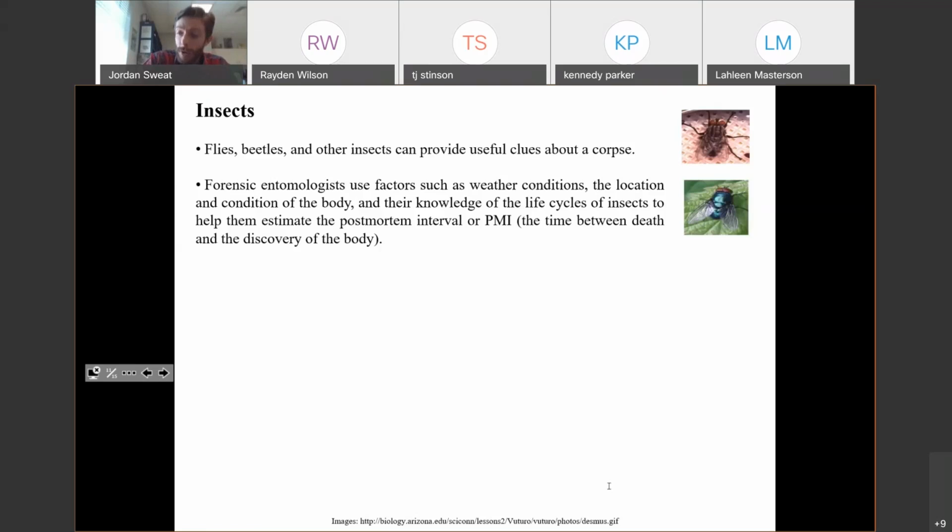No, you are right. What are maggots? They're some kind of insect, but they're the baby of something. Maggots are actually little baby larvae. So what do maggots turn into? Flies. Very good.